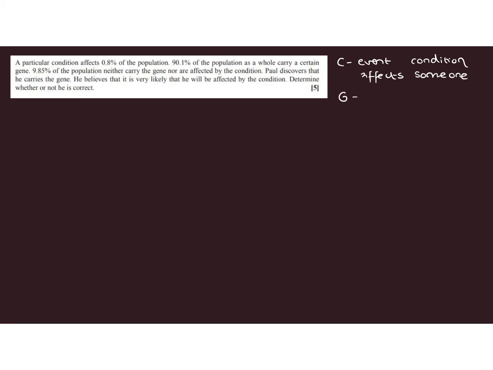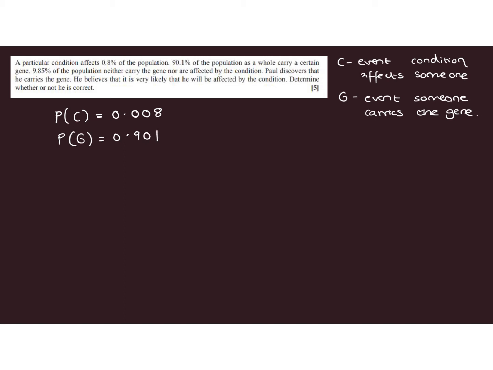And G is going to be the event someone carries the gene. So we know that the probability of C is 0.8%, which is a probability of 0.008. And the probability that somebody has the gene is 90.1% or 0.901, converting these percentages to decimal probabilities.